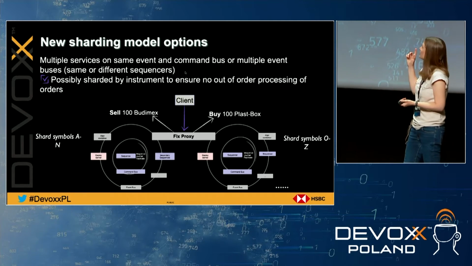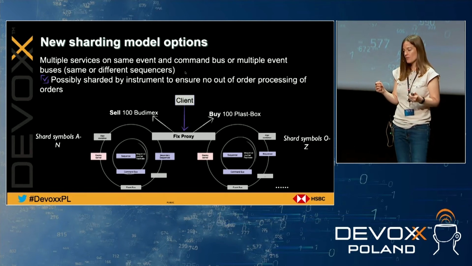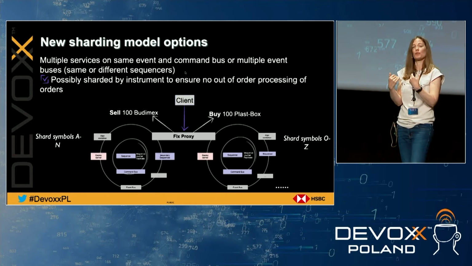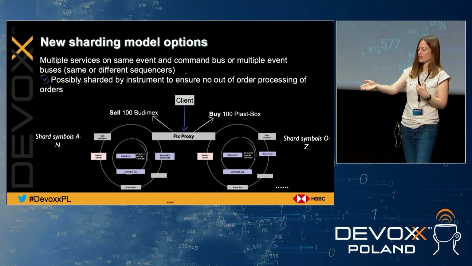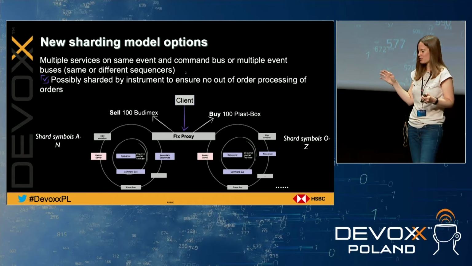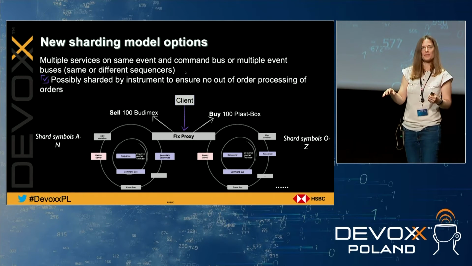I've given one possibility here, which we're looking at doing: you can have one FIX proxy process listening to client orders coming in. Here we've got two orders, one for selling Budimex and buying Plastbox, which apparently are well-known Polish stocks. What we'll do is shard the symbols by letter.